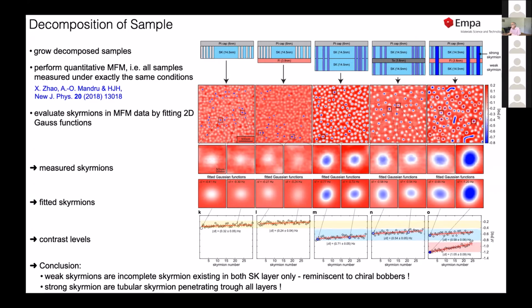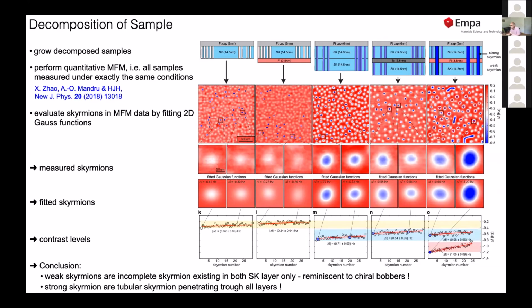But what is remarkable is that the contrast of these skyrmions here, which of course only exist in these skyrmion layers, not in the tantalum, is very comparable to the contrast we have in our heterostructure. So we can say in our heterostructure, the weak skyrmions that we have here actually correspond to skyrmions that only exist in the top and bottom skyrmion generator layer, but not in the intermediate ferrimagnetic layer.